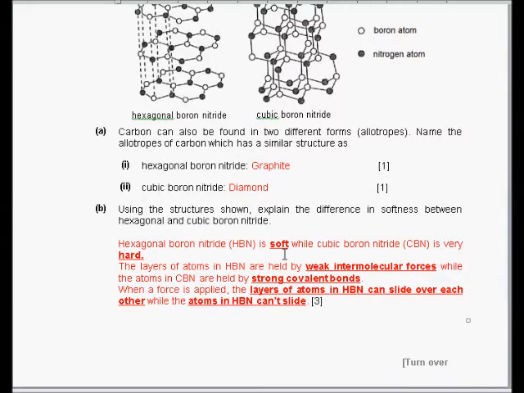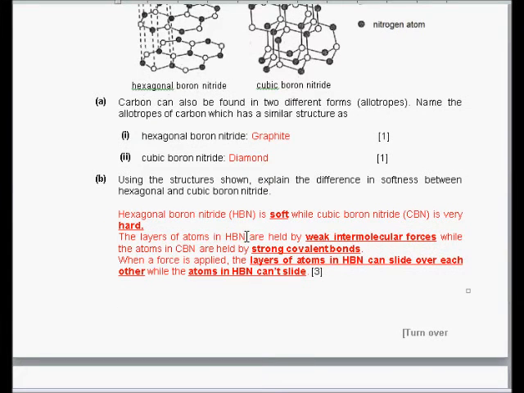So first of all, you have to tell me which substance is soft, which substance is hard, and you don't have to spell out the entire hexagonal boron nitride. You can just mention once and then give it a short form. And for cubic boron nitride, mention once and give it a short form, so that in subsequent explanation you don't have to repeat these complicated names over and over again.